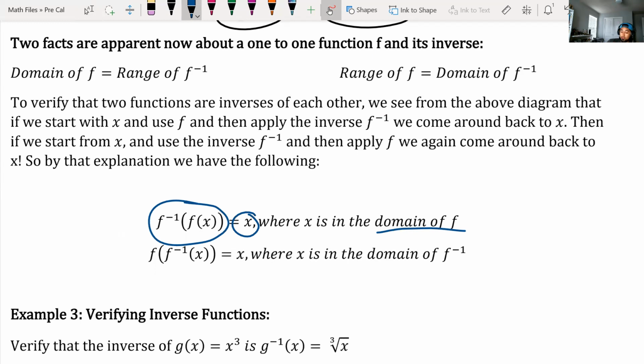And if you go the other way, the original function composed with the inverse, and they're true inverses of each other, you will arrive at x. But this time, the original function will now take the domain of the inverse function. So again, this is stuff we all should know already.